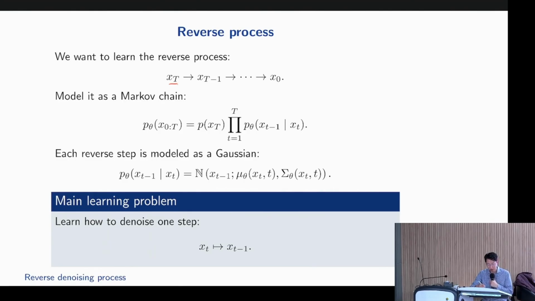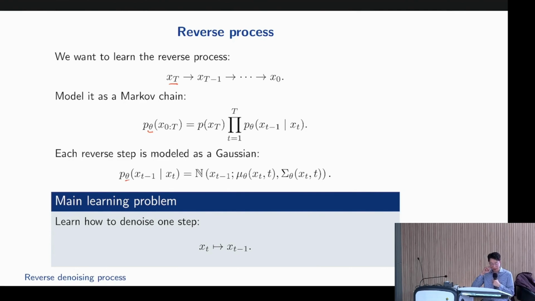Starting from pure noise, we want to train a model that can continuously denoise the input image and use its own output to denoise again and again and again. So we're going to model it as a Markov chain. Notice the theta here, that's the neural network parameter.